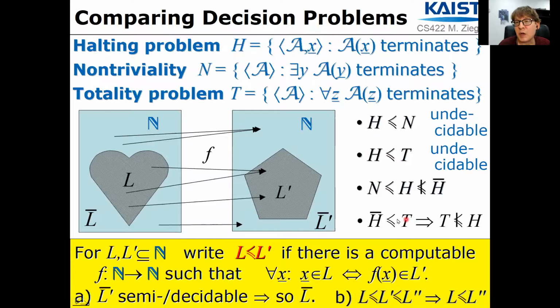That means that the totality problem is strictly more difficult than the halting problem, whereas the non-triviality problem is as undecidable as the halting problem.